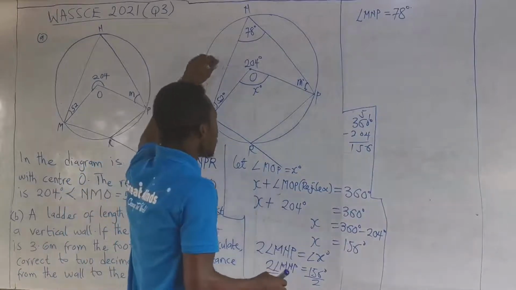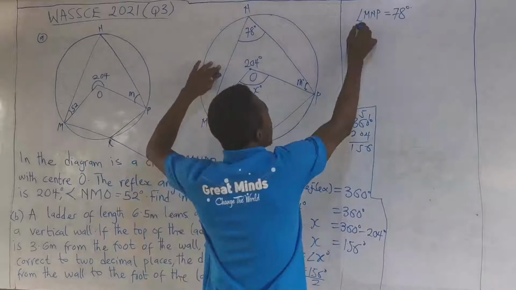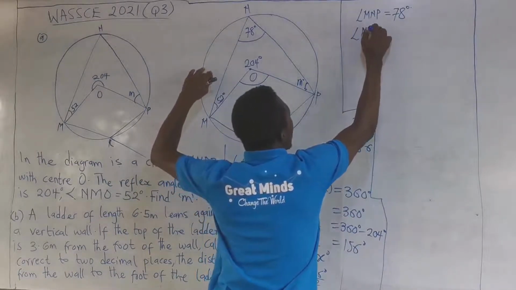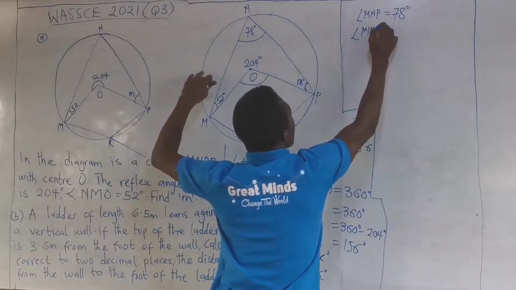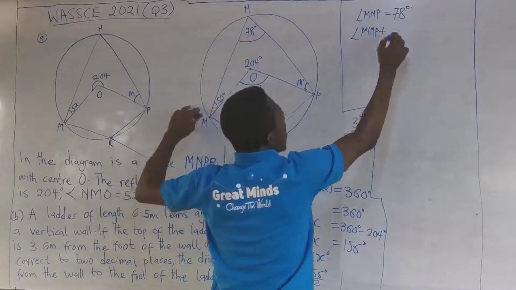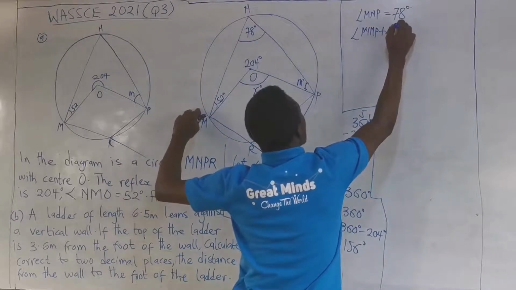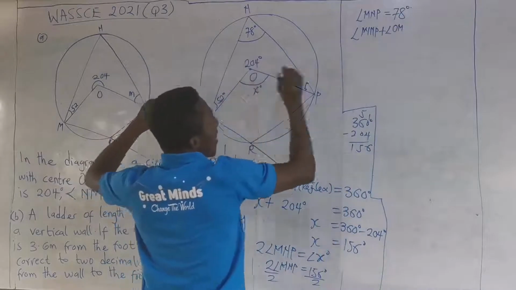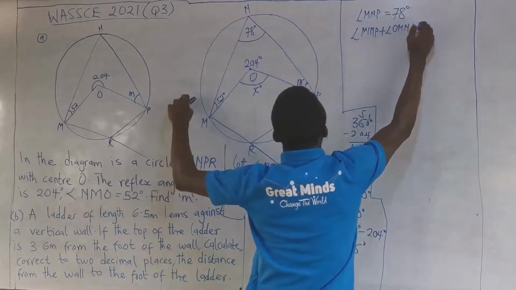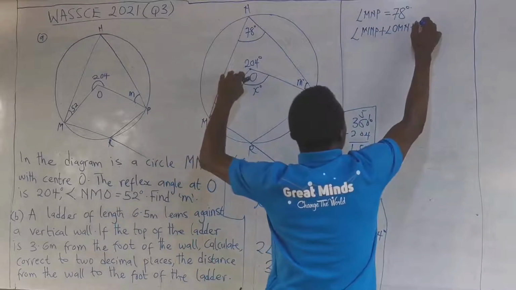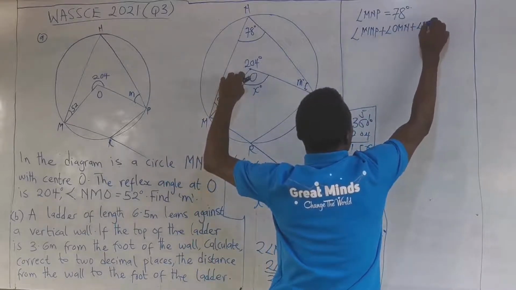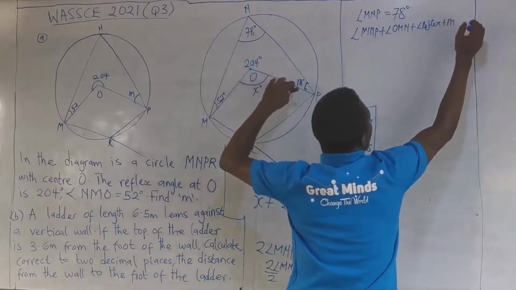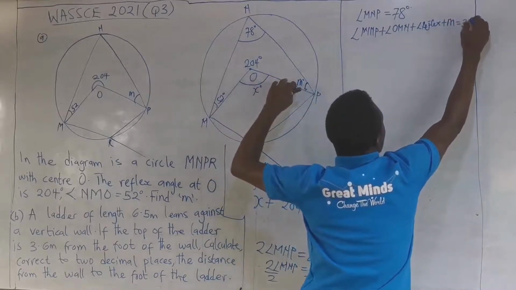So now, therefore, I can say that angle MNP plus angle OMN plus the reflex angle, plus M is going to give me 360 degrees.